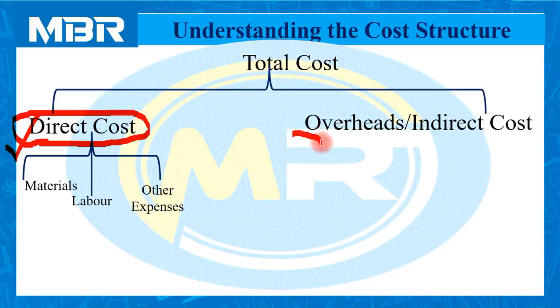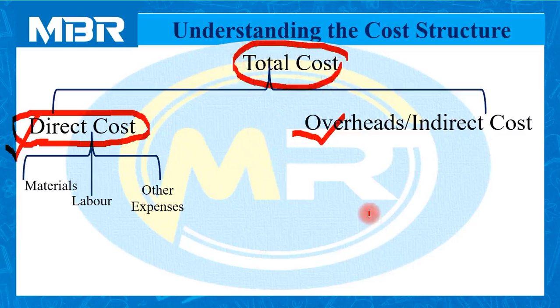But indirect expenses are not directly related to production, specifically when we are engaged in production of multiple products, and we need to absorb, recover, charge or transfer these overheads or indirect expenses in order to calculate our total cost.